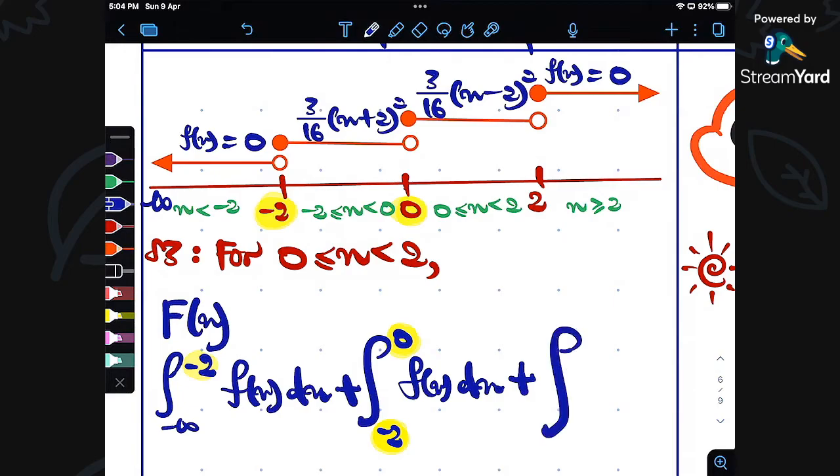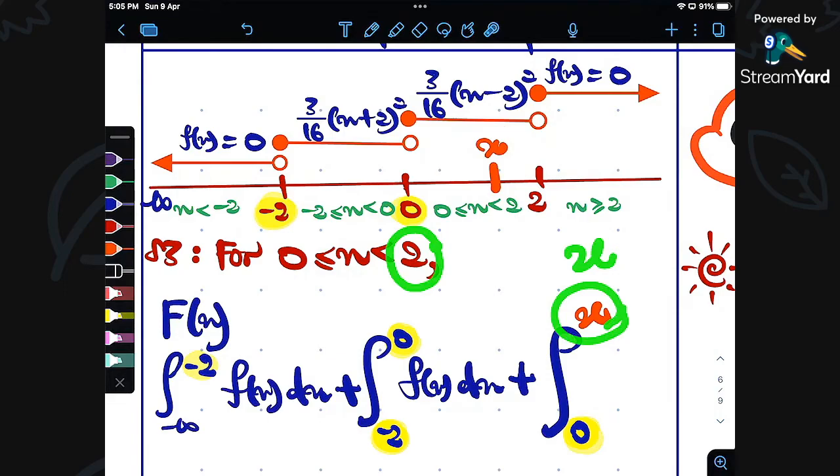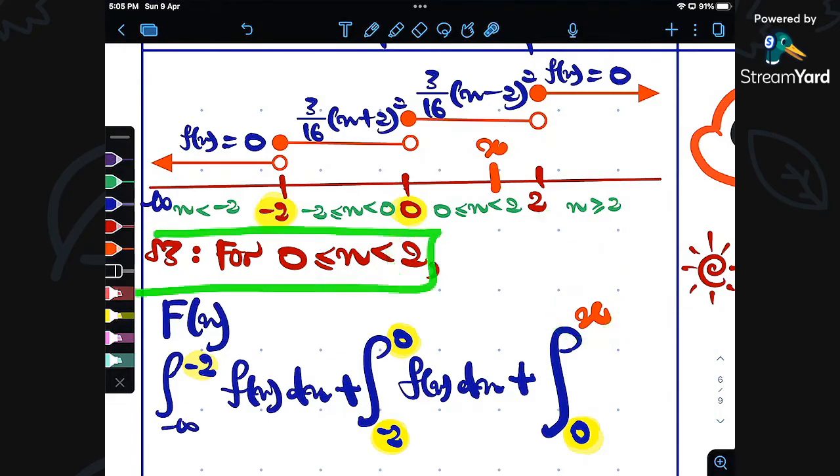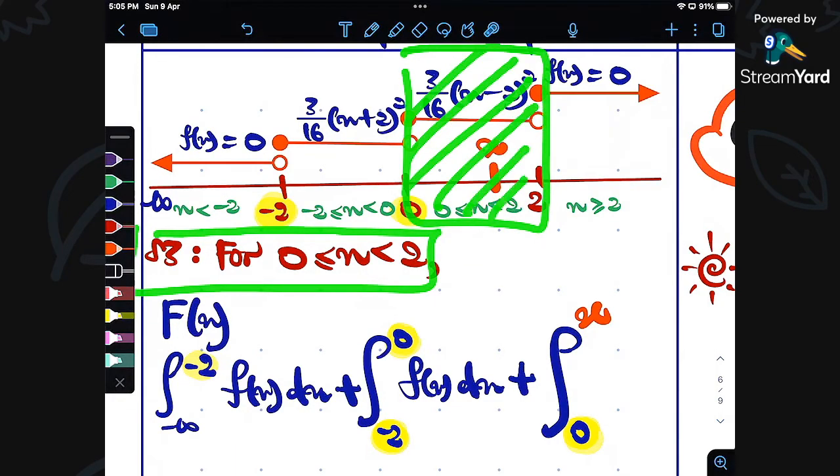And then the last part will be from 0, and then we will stop at x. This will be your stopping station, the bus stop, where you put an x there. Make sure you put it before the number 2, because we are now at the third part of the region, where it must stop before the limit number 2.